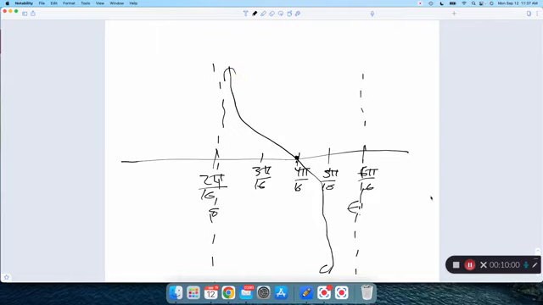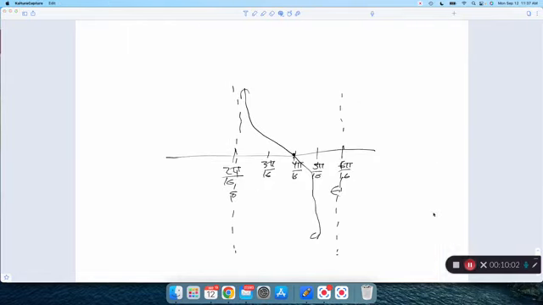Okay, let's keep counting. I shrunk my graph down so I can fit a little more on here. We're counting by pi over 16s, and every 4 of them we're going to hit another asymptote.